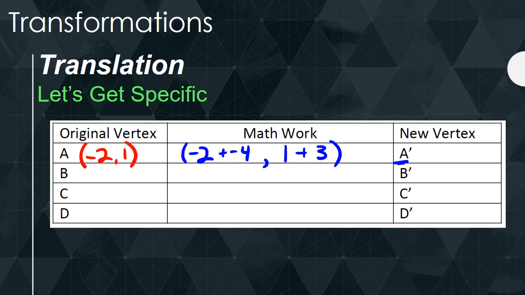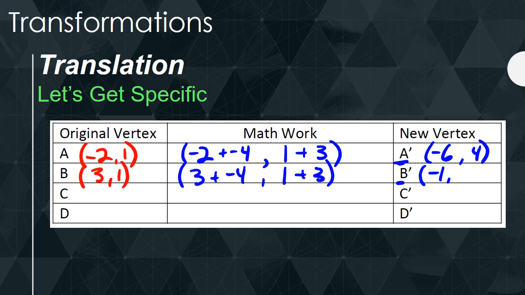That gives us A prime, which is going to be -6 and +4. If we go ahead and do point B, 3, 1 is our original. We have 3 plus -4, and then 1 plus 3. That gives us B prime, which is going to be -1 and then +4.